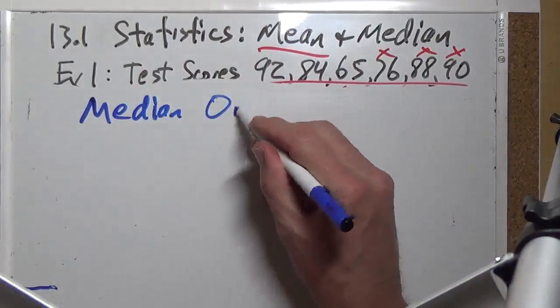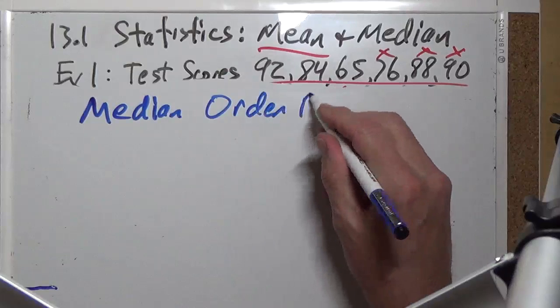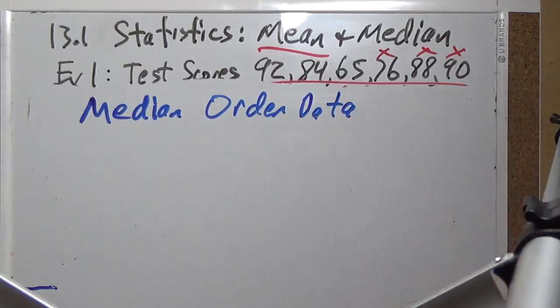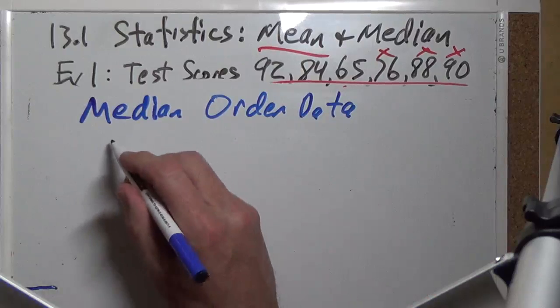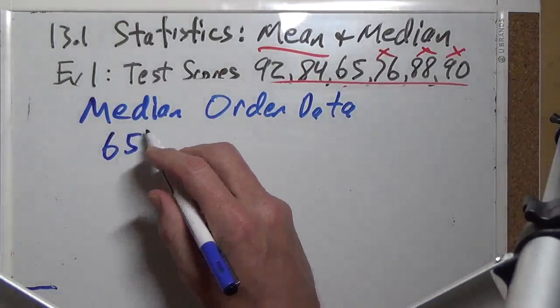I'll show you a graph or a plot later that makes it much easier to do. But with this many, there's only 6 of them, we can order it.